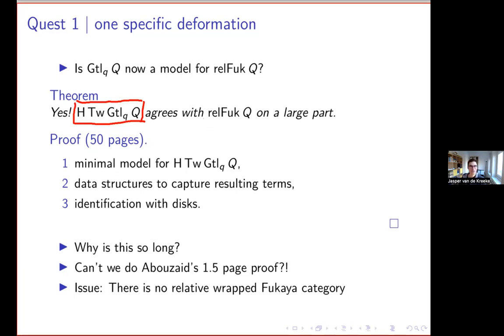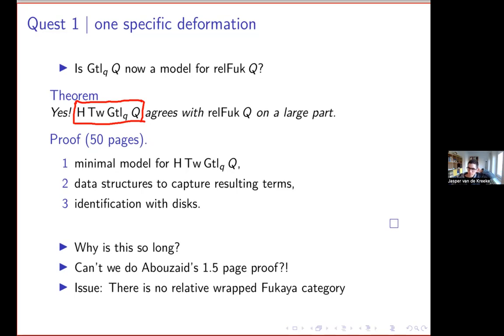The proof is some 50 pages long or so, because you need to compute the minimal model of the twisted completion of this deformed gentle algebra. And that's not so easy, because computing minimal models includes lots of choices, and you have to compute all these trees. I can say something later about that.